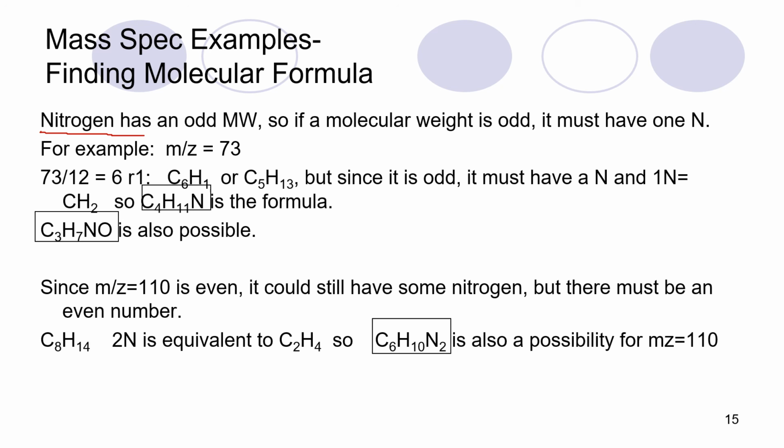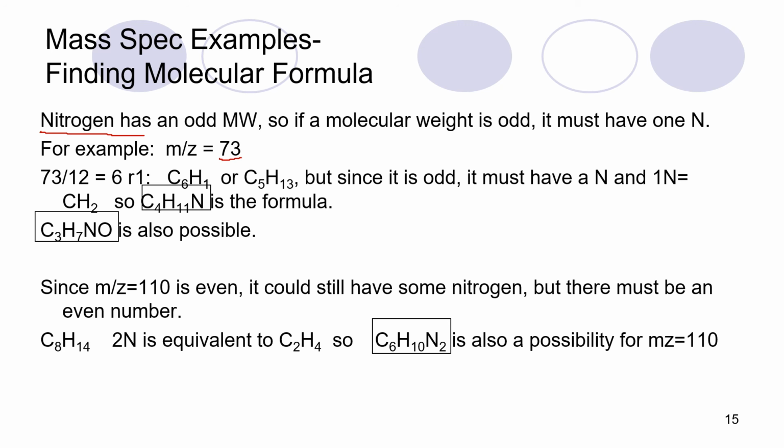For example, if you saw a mass of 73, right away that should tell you that you have a nitrogen in the compound, because it's an odd number. It's not always absolutely true, but it pretty much mostly is true.